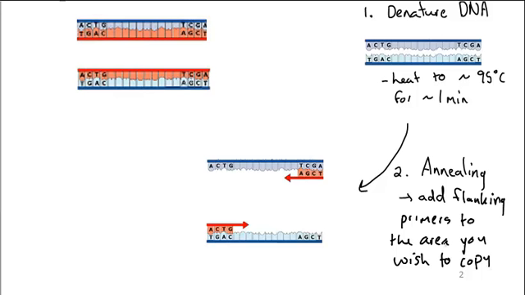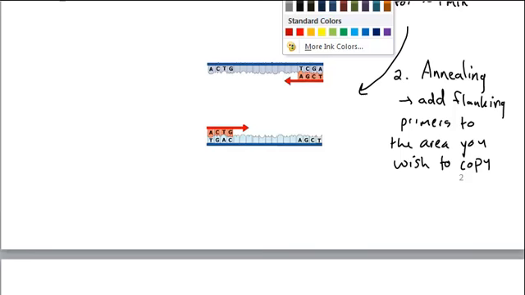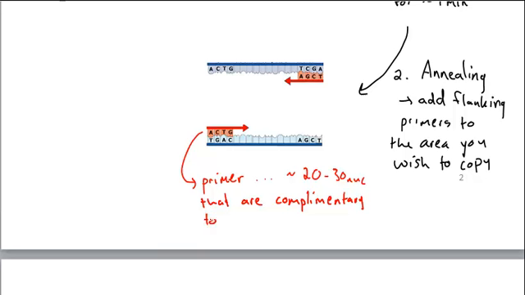Now they've shown it simplified here, but the red represents the primer. And it is about 20 nucleotides to 30 nucleotides long that are complementary to your template DNA.